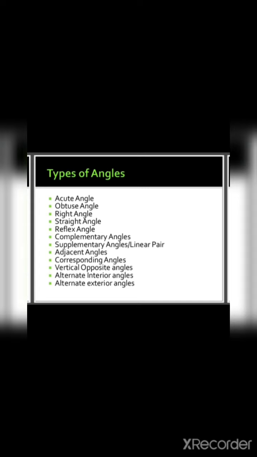These are all single angles. Then pairs of angles: complementary angles, supplementary or linear pair angles, adjacent angles, then corresponding angles, vertically opposite angles, alternate interior angles, alternate exterior angles.